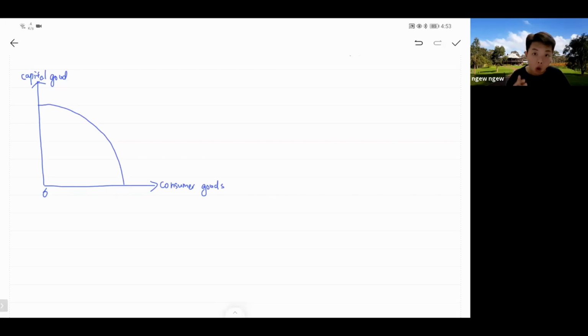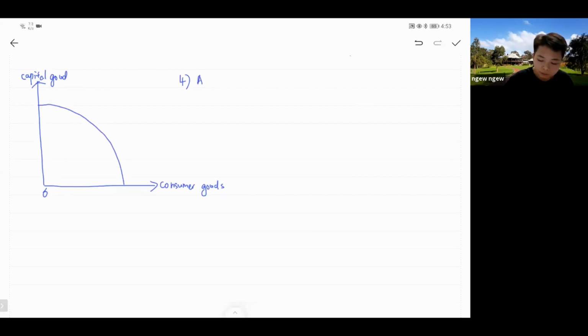You are only told this is the firm's PPC, this is the firm's productive capacity, but you are not told how much the firm is producing unless you are given a point. So that is the fourth thing that I want you to take note of.